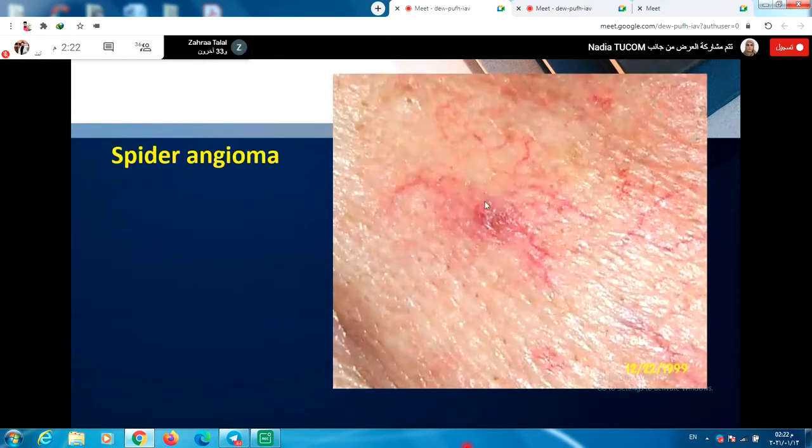This is the effect of decreased hormonal metabolism, especially hyperestrogenemia, in which there is dilatation of the skin vessels, seen as spider angiomas: a central arteriole surrounded by small, distended vessels.